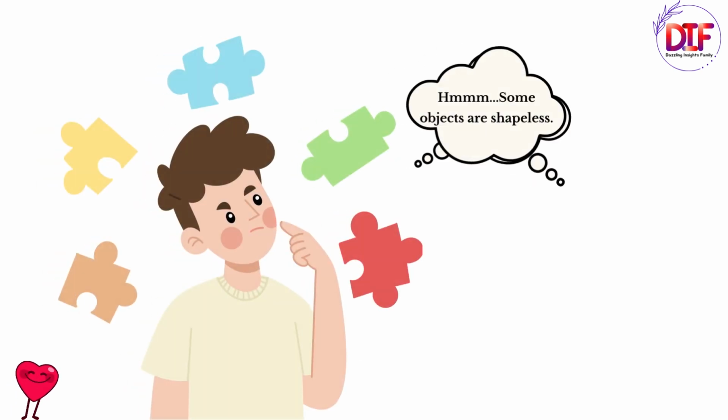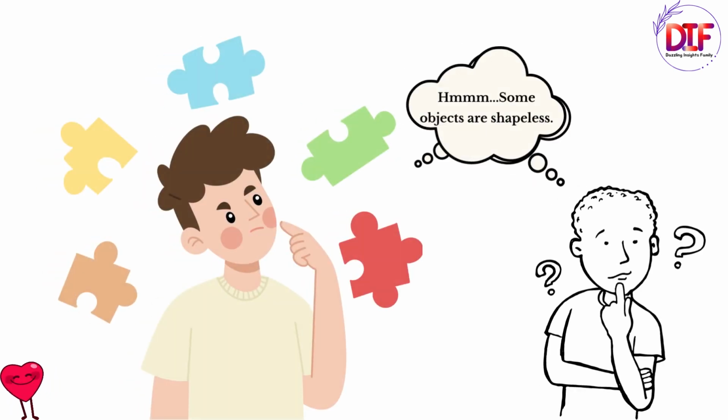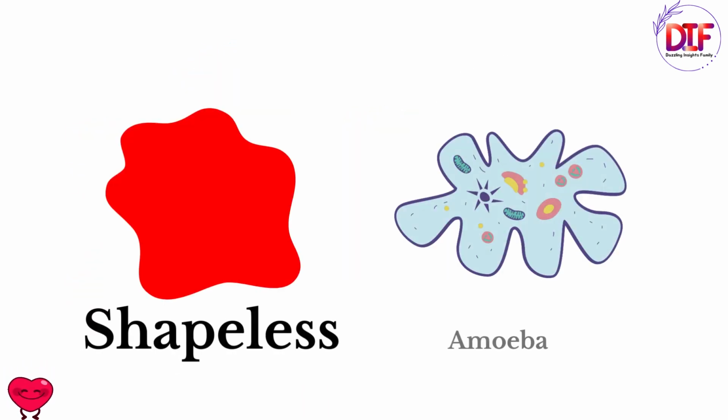And a very important aspect is some objects around us have no shape. They don't have any shape at all. They are shapeless. A very good example is an organism called amoeba. An amoeba is a unicellular organism. It means it is a one-cell organism, and its pseudopods extend and retract.